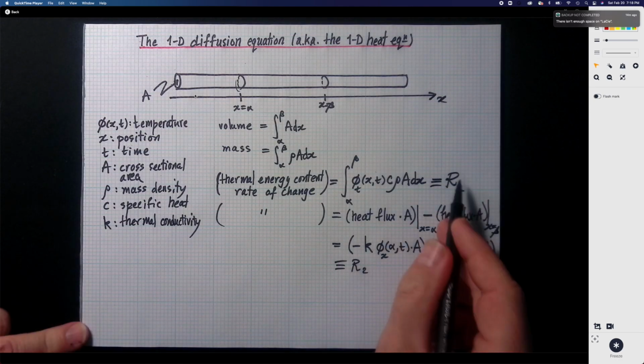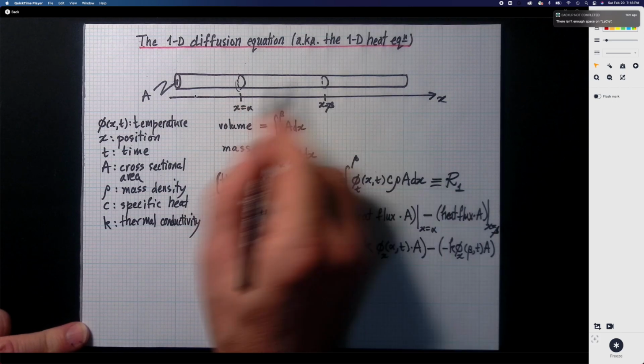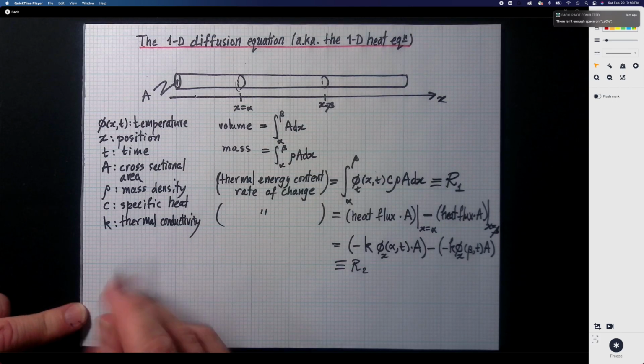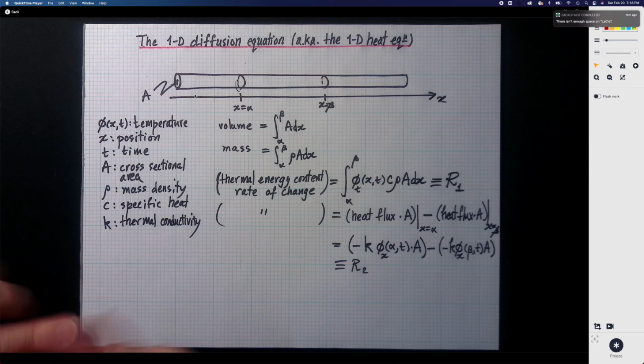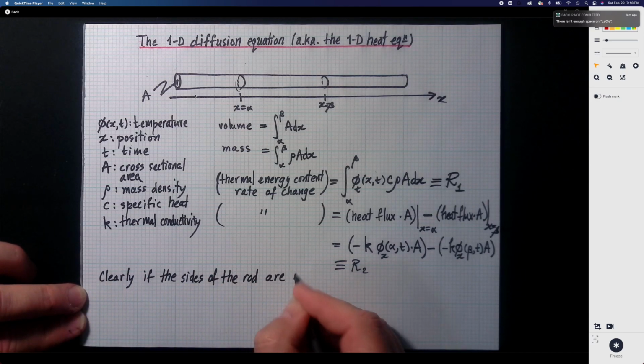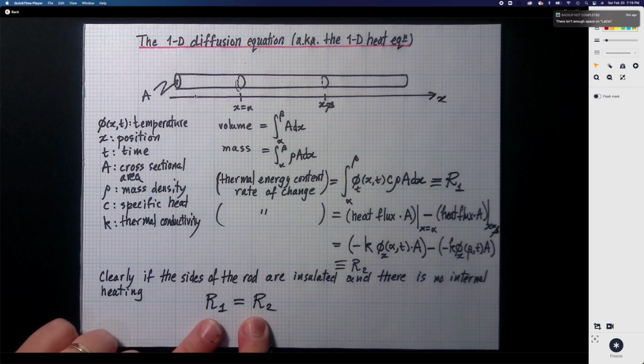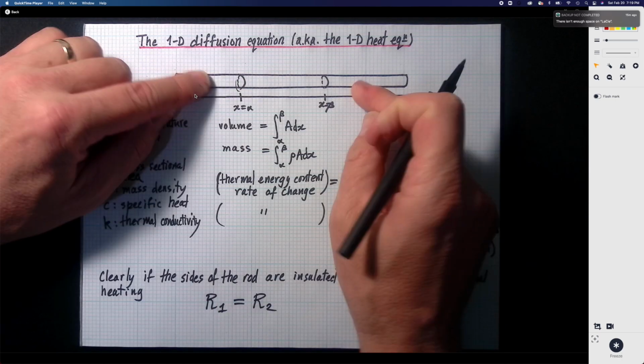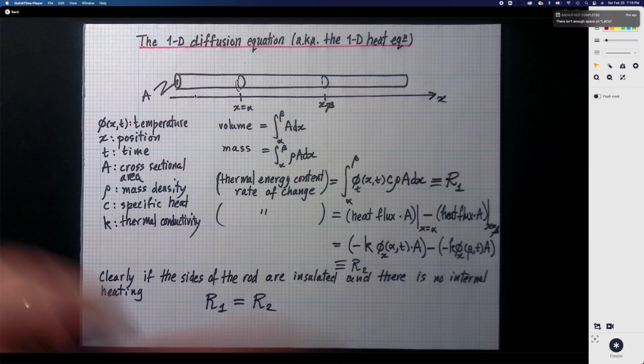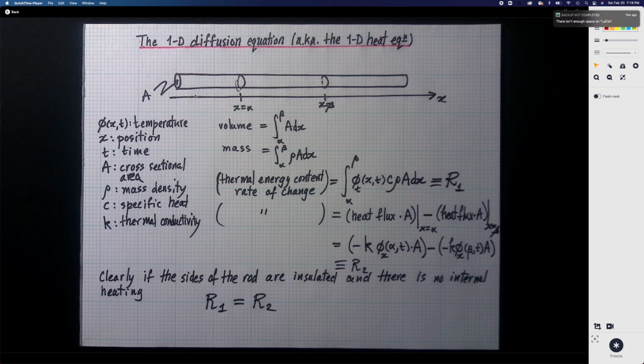Now clearly R1 has to be equal to R2 if the sides of the rod are insulated and there's no internal generation of heat. This is a conservation principle, that the time rate of change of thermal energy is equal to the flux in through the ends. There's no spontaneous generation of thermal energy.